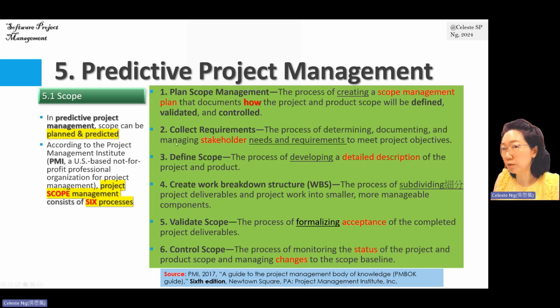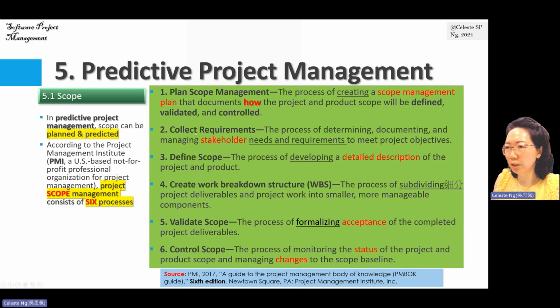Then the second process related to project scope management is collect requirements. As we can see from the building construction project, we have requirements, right? So after we have a plan, we start to do the management work of collecting requirements from the stakeholders. It could be the project owner, and it could be collecting requirements from the project customers.